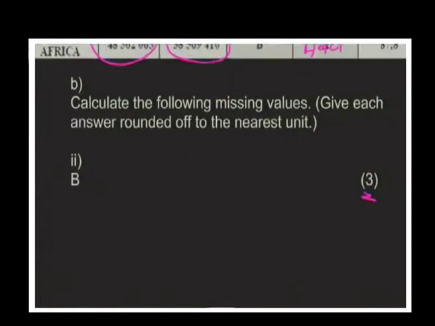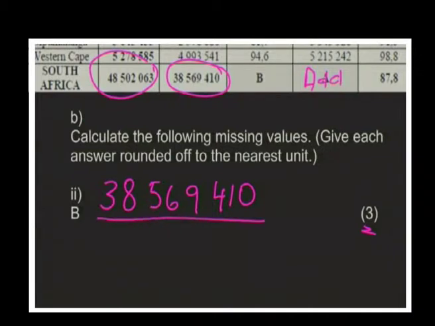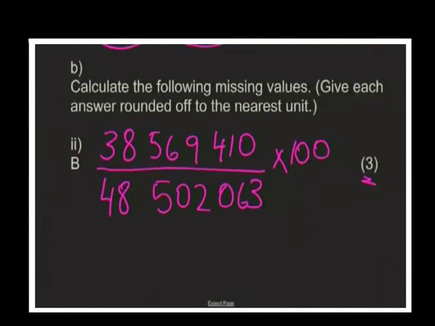I'm going to write it: 38,569,410 people that use electricity out of the total amount of people in South Africa, which was 48,502,063. And I want a percentage, so how do I do that? Times by 100.